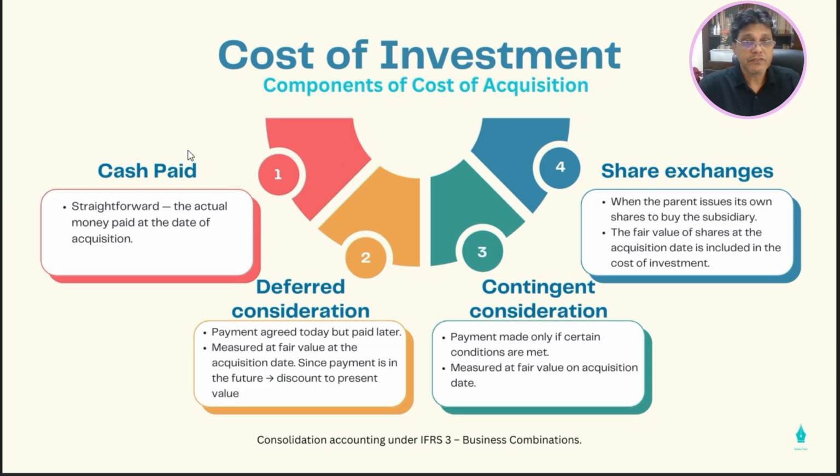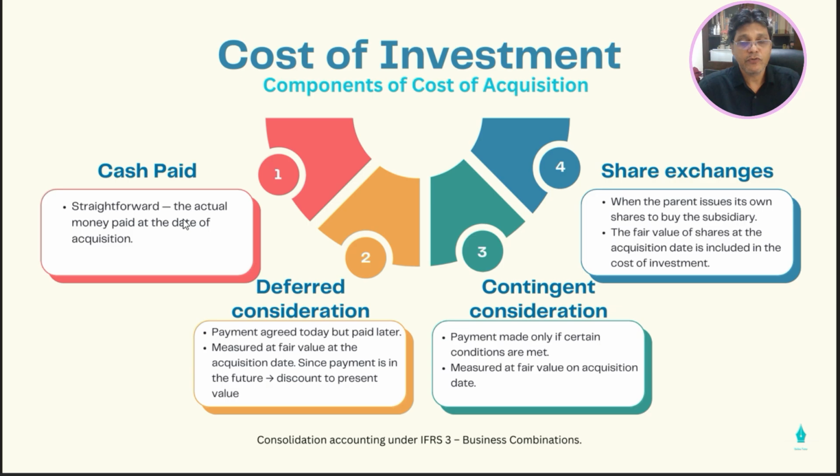The first possible method is cash payment, or single cash payment. This is a very straightforward method: the actual money paid at the date of acquisition. If you are given the actual cash payment, straight away you can use this value in the goodwill calculation.